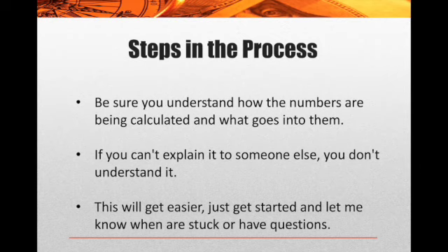If you can't explain it to someone and how those numbers were calculated, you really don't understand it. And if you don't understand it, you shouldn't be involved in it. So think really hard about, can you explain how the numbers were calculated in each one of these cells?